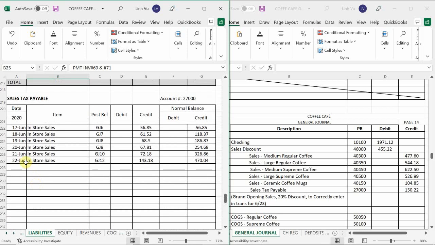Okay, right here, some in-store sales. For a total of $150.22. So what is my grand total tax I have collected?